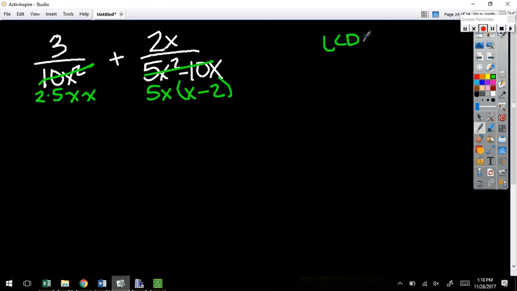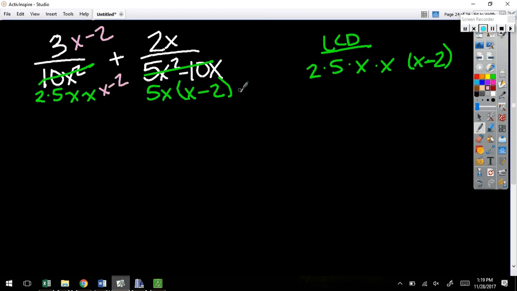So my LCD: write the whole first one, 2 times 5 times x times x. I don't need a 5, I don't need an x, but I do need an x minus 2. The second one needs a 2 and another x.